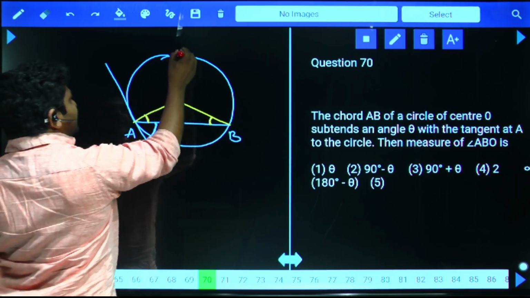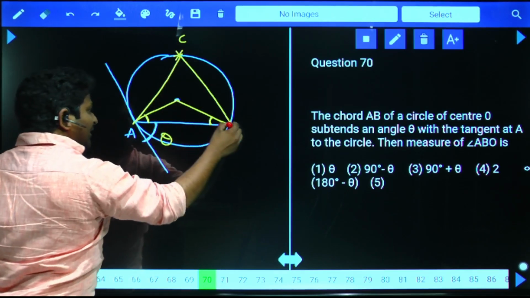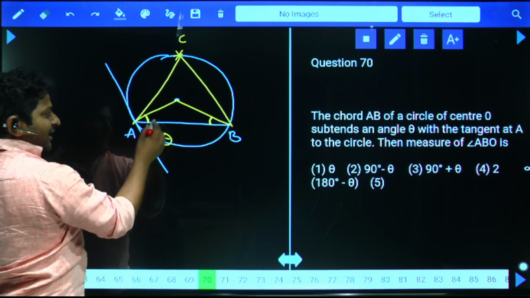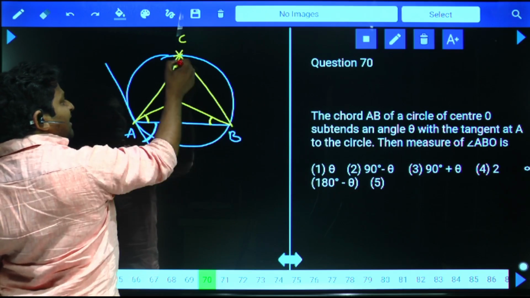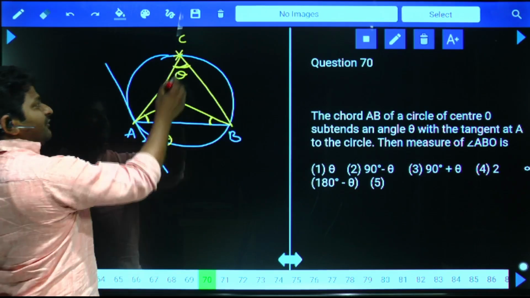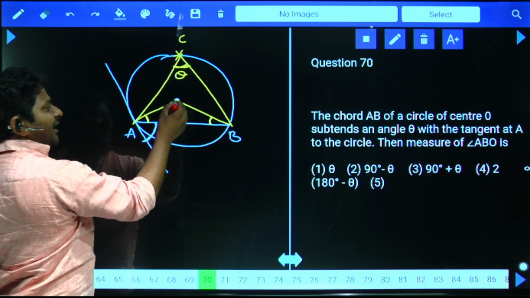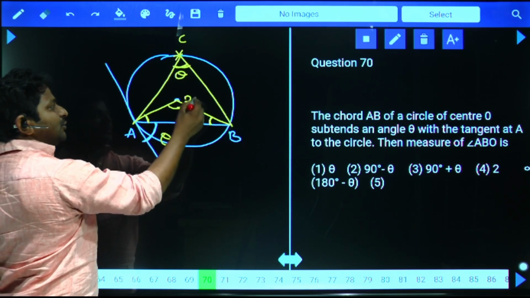Now if you take some point C here, as the tangent is making an angle theta here, the internal angle for ABC at C is also equal to theta. Now if this angle at C is equal to theta, angle at center O should be exactly 2 times this, that is equal to 2 theta.